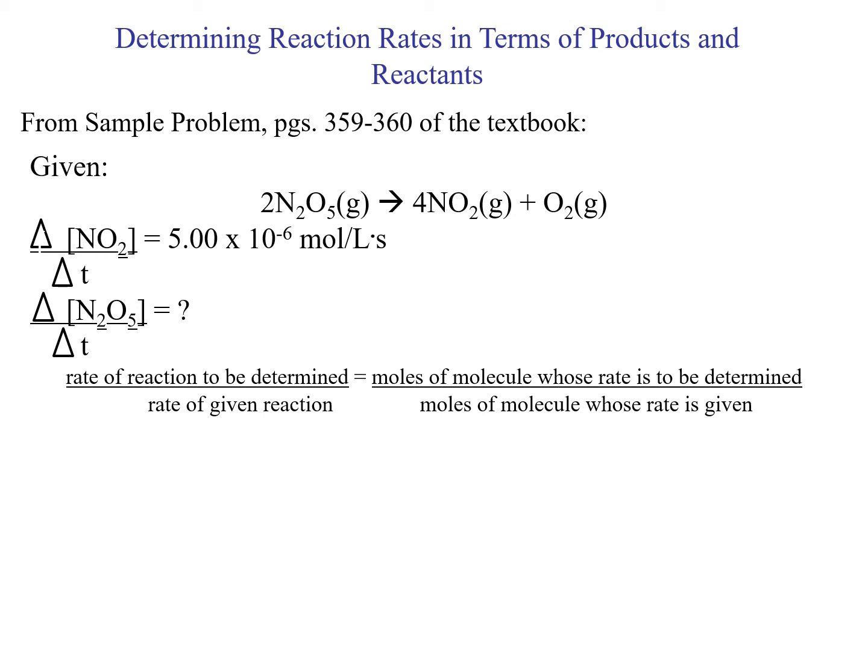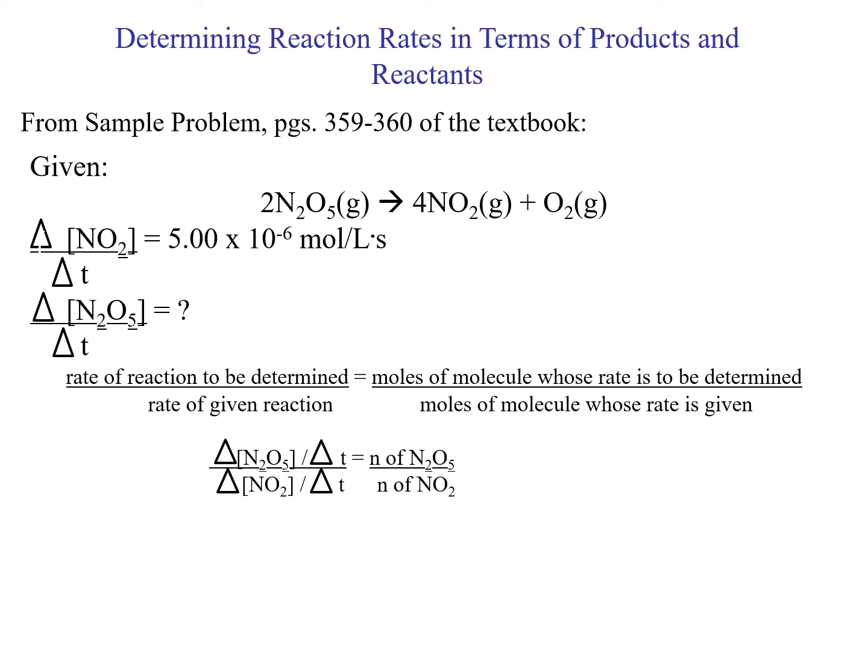The ratio of the rate of reaction to be determined to the rate of the given reaction is equal to the molar ratio of the moles of the molecule whose rate is to be determined to the moles of the molecule whose rate is given. Specifically for this problem, it is the rate of decomposition of dinitrogen pentoxide to the rate of formation of nitrogen dioxide equals the number of moles of dinitrogen pentoxide to the number of moles of nitrogen dioxide.